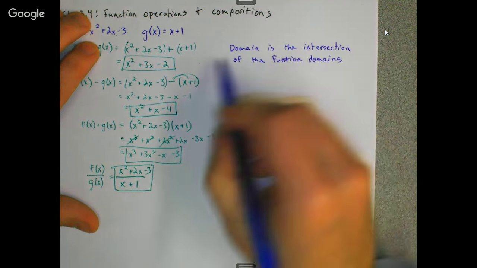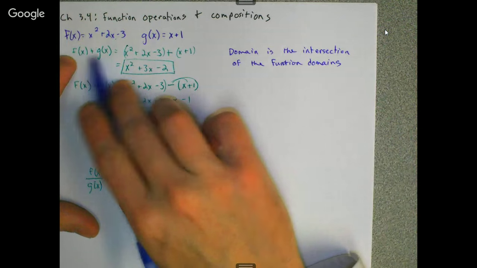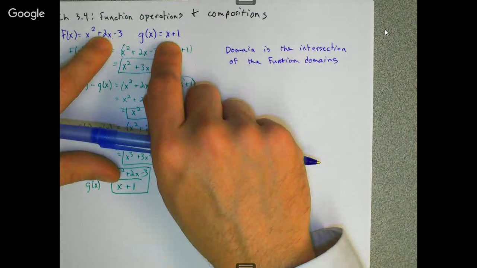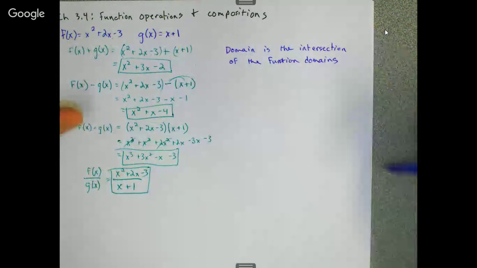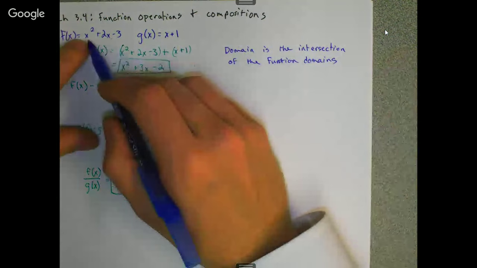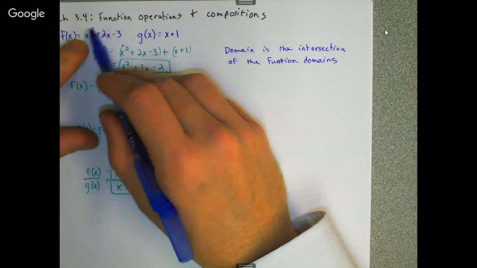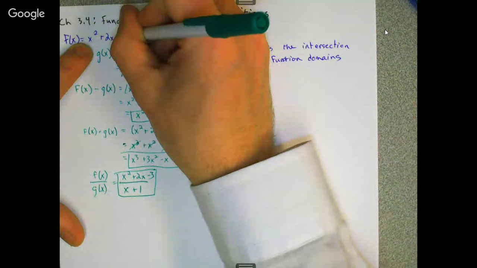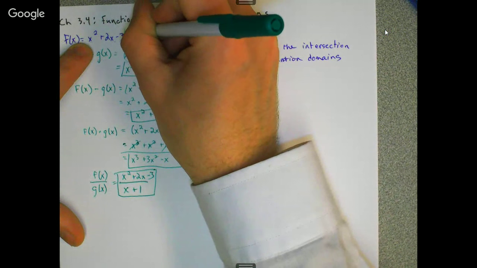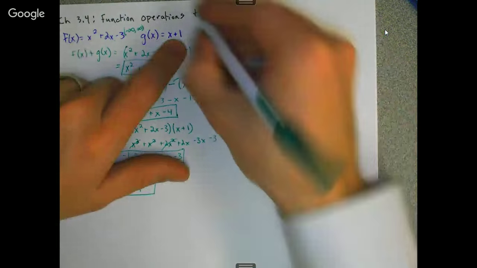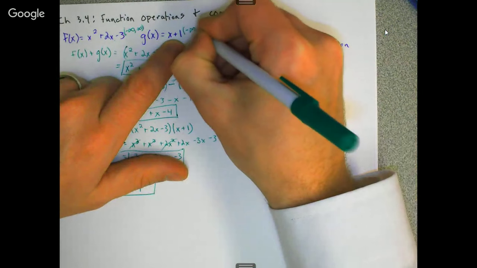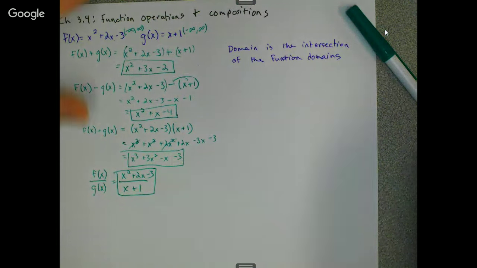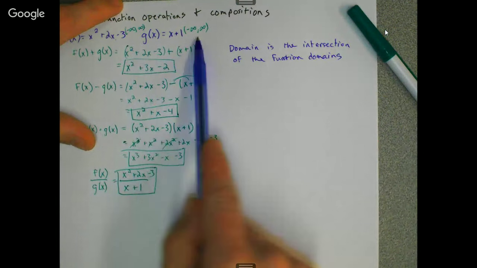So the domain of the addition function is the domains of these two intersected. Wherever those two intersect, that's my new domain. If we look at the domain of this one, this is a parabola, so it covers the entire x-axis. So the domain of this part is negative infinity to infinity. And this one's a line, so it's also negative infinity to infinity. There's no bad x values in here.